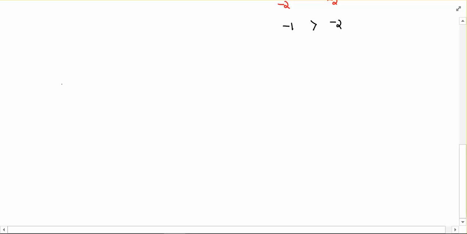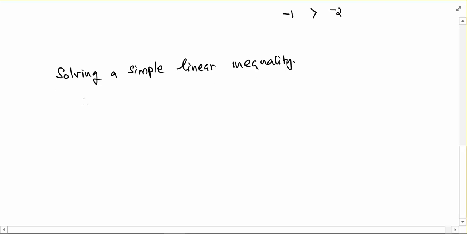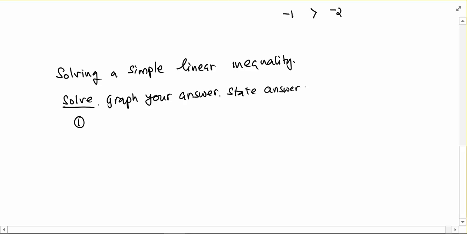Okay, so now you sort of have the basics, and so let's take a look at solving a simple linear inequality. Solve, and let's also say graph your answer, state the answer in interval and set builder notation.